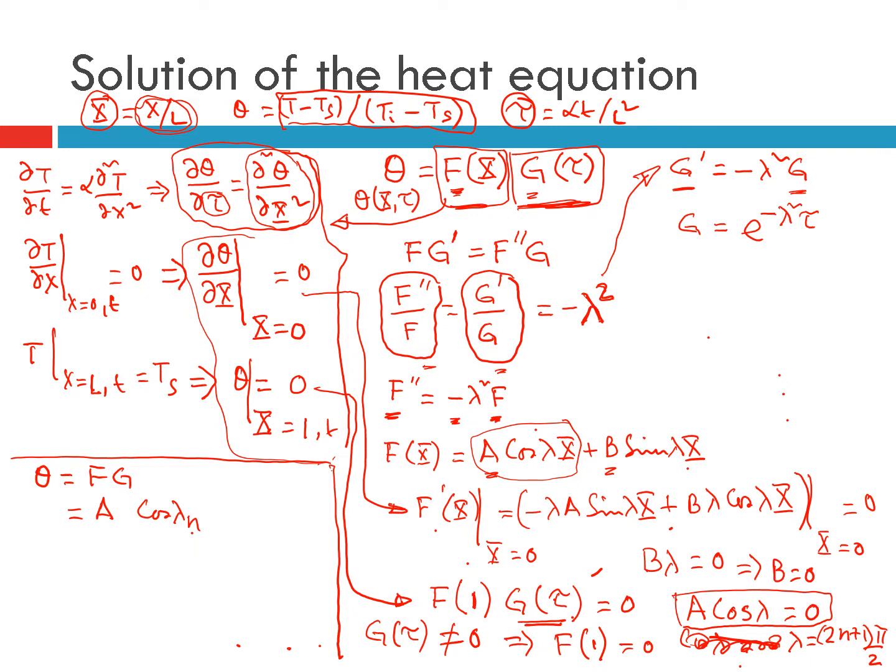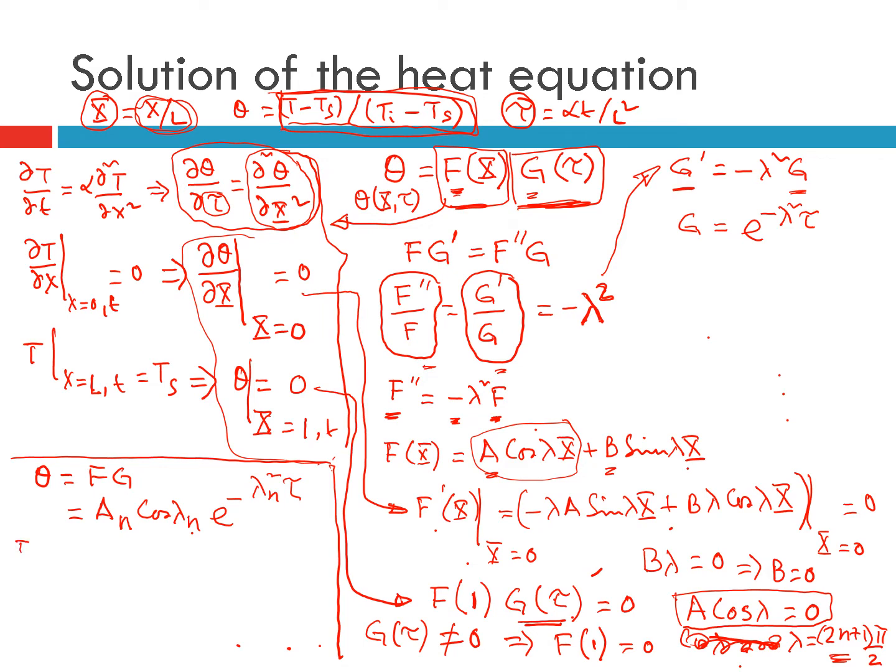Because it can be any of the values, A can also be different correspondingly. And then G is equal to e raised to minus lambda n square tau, because lambda can take any of these values. Now we plug the dimensional quantities back in to get our solution.